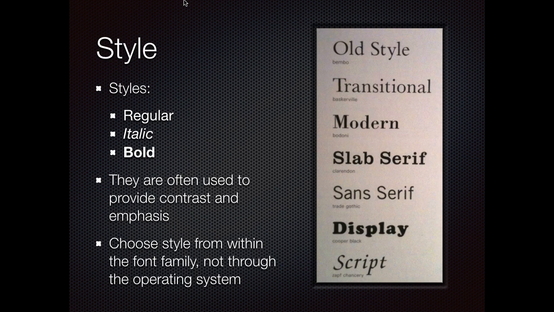So if you're in Word and you're typing up your English paper, you may have the option of, let's use Arial for example, because I think Windows computers have Arial. So I have Arial, and then I have Arial bold, and I have Arial italic, right? Or you could say, I have Arial, and you go up to the edit menu and say bold, right? So you have two different ways of doing that.